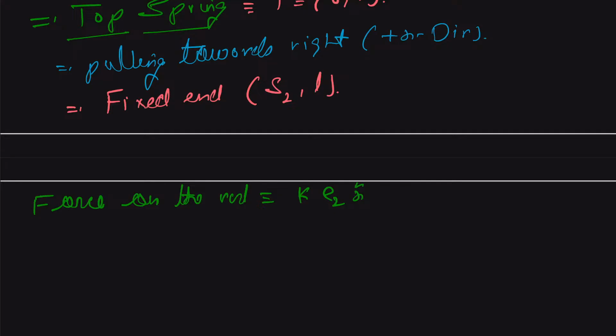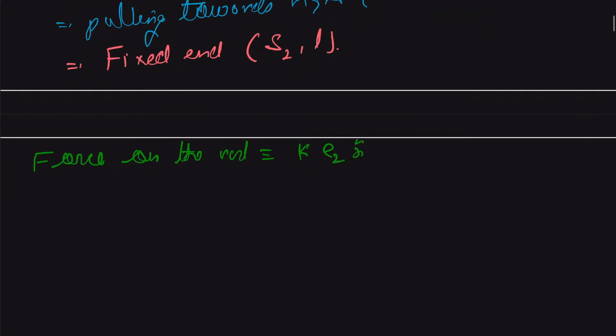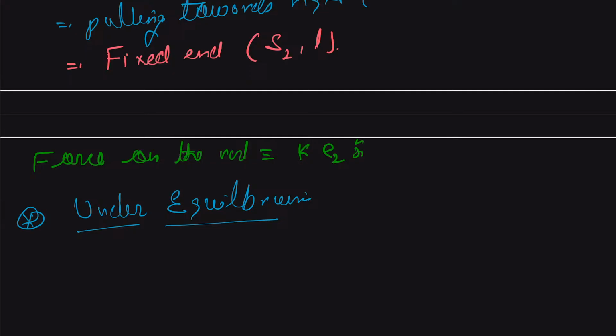Now it is said that at equilibrium, so we can say that under equilibrium, and for equilibrium, it is mentioned in the question also that the springs are perpendicular to the rod.